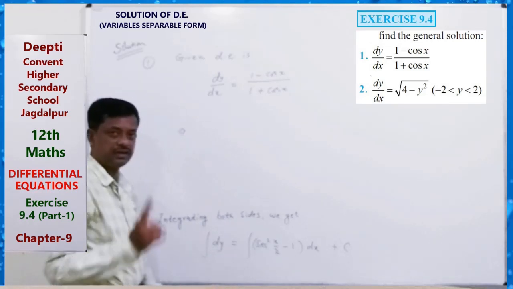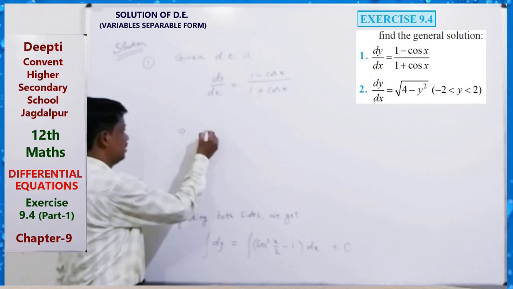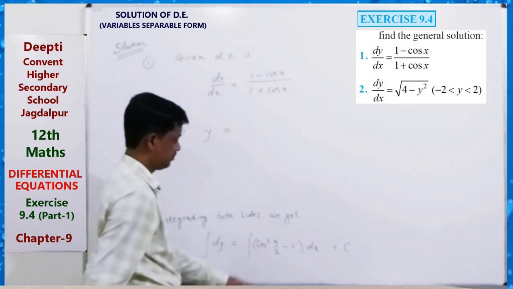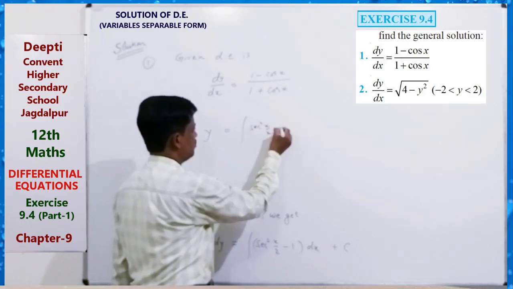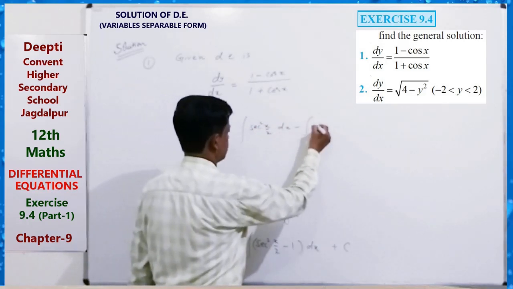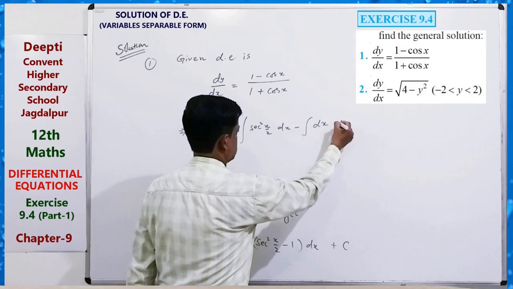Integration of dy means what? y. So y equals the integration of sec square x by 2 dx minus the integration of dx plus c.